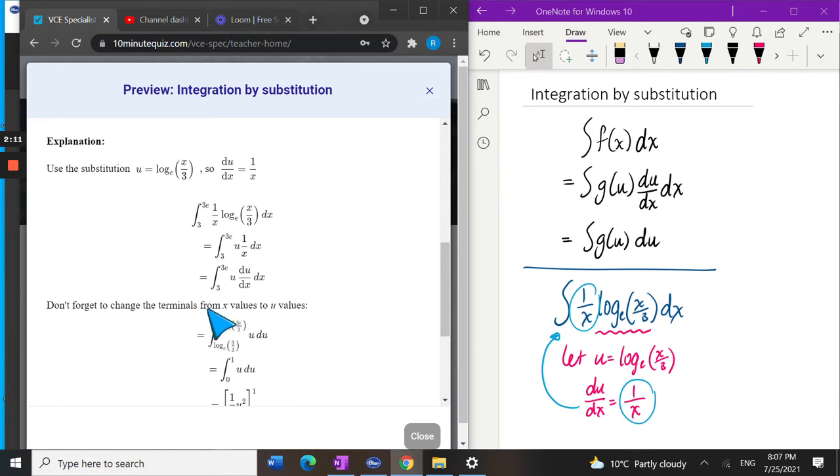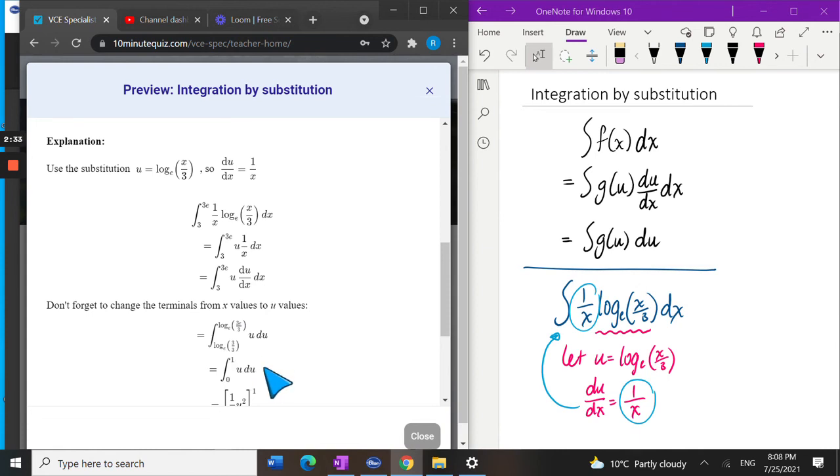But we do have to change the terminals from x values to u values. So if x was 3, well, u would be log of 3 over 3, which is log of 1, which is 0. And similarly on the top, our x value of 3e would become a u value of 1.